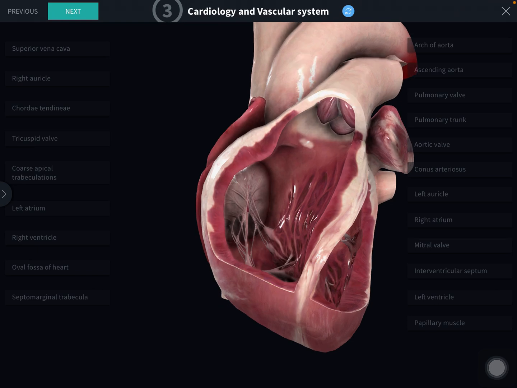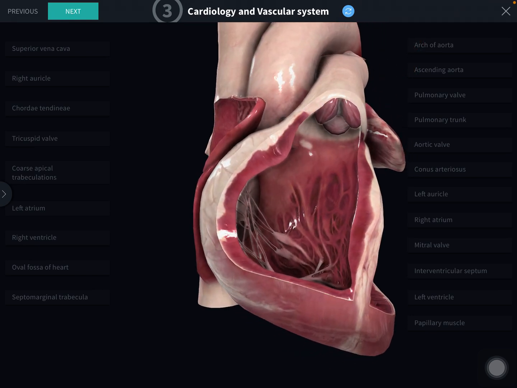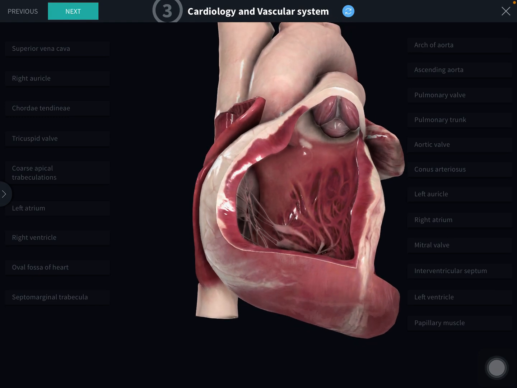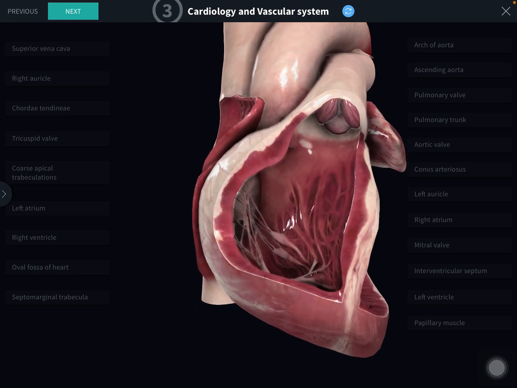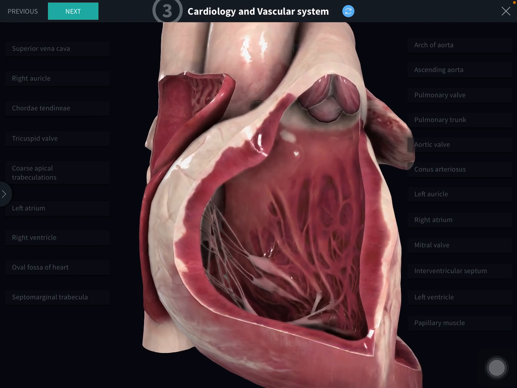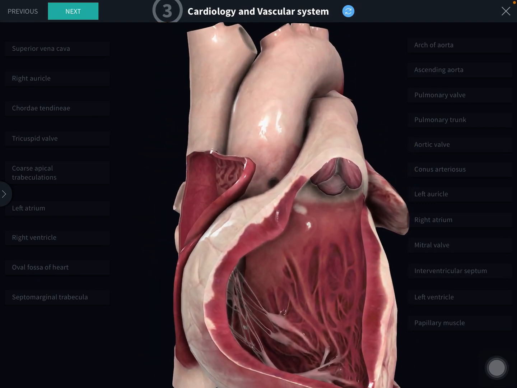And the outflowing smooth part, you should see going towards the pulmonary trunk, that is the pulmonary valve and its cusp. This is the outflow tract, the outflowing smooth part, which is known as conus arteriosus or infundibulum.